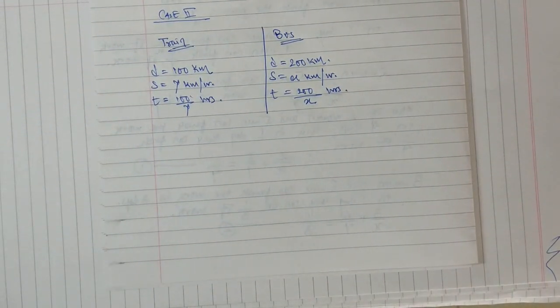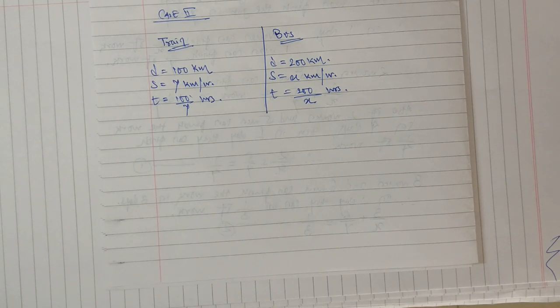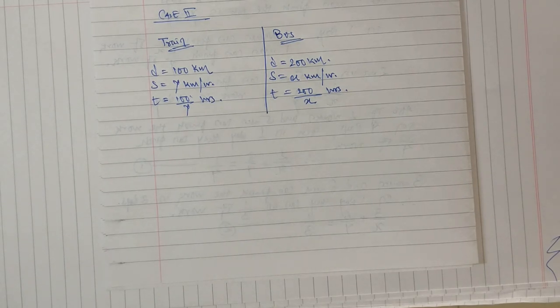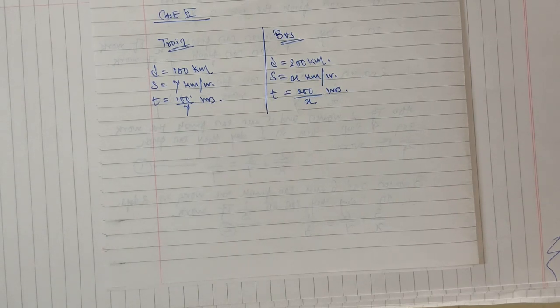So we have got the situation in the question that if she travels like this, she takes 10 minutes longer. What do you mean by 10 minutes longer? 10 minutes longer means 10 minutes more as compared to the first case, and in the first case she took 4 hours to complete her journey.